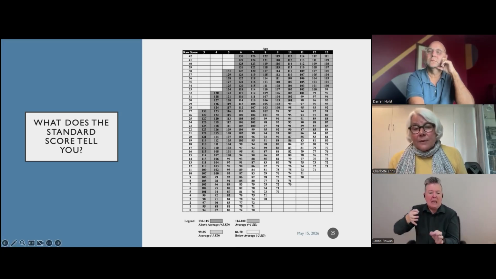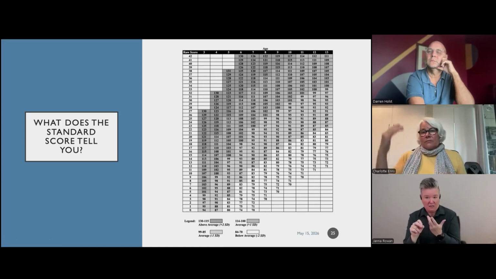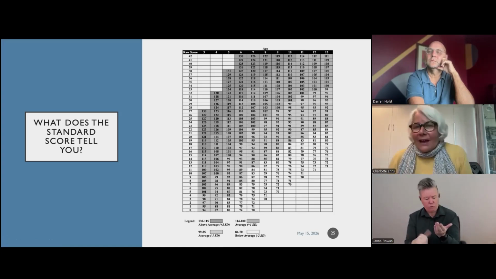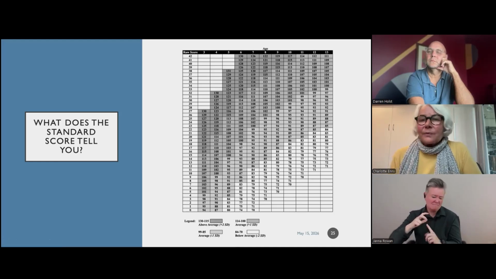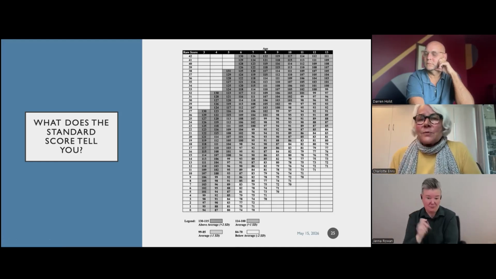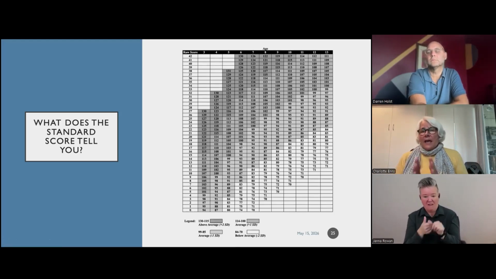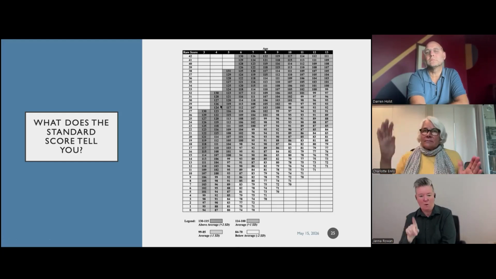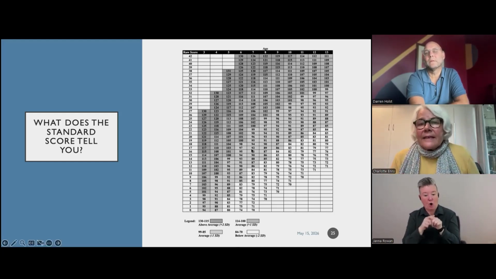And the same with the above average. If it's above 130, they're very, very well above average, extremely outstanding for their age. Okay, so that's what the standard score is. It goes around the mean of 100, and then just like that normal distribution curve, moves out from there, and this chart helps you find that.